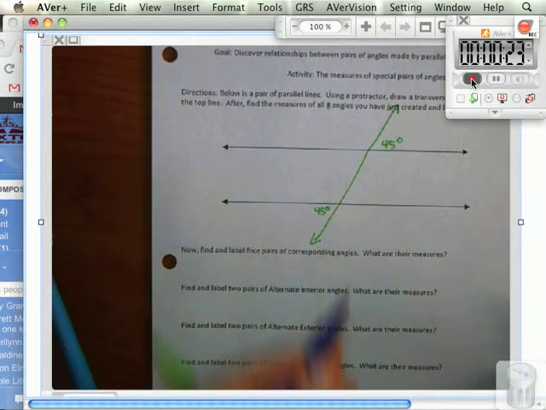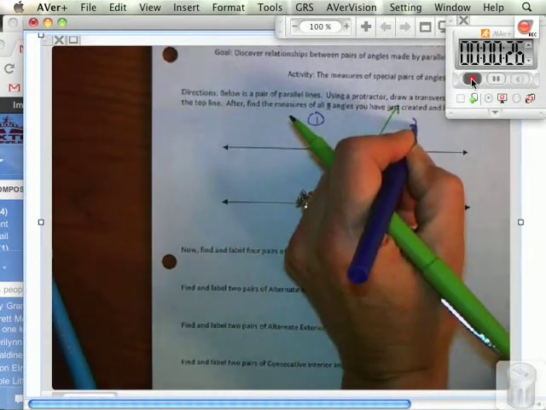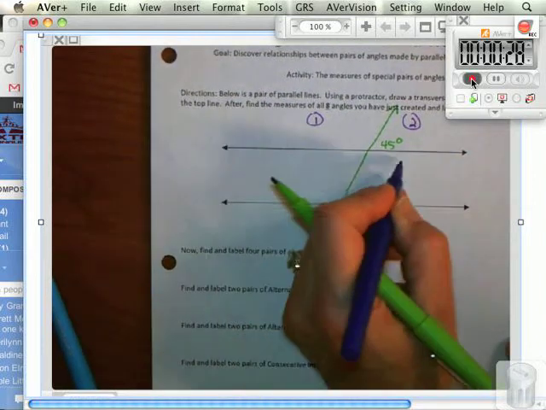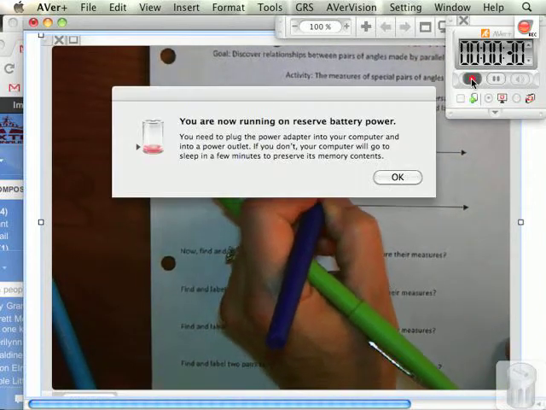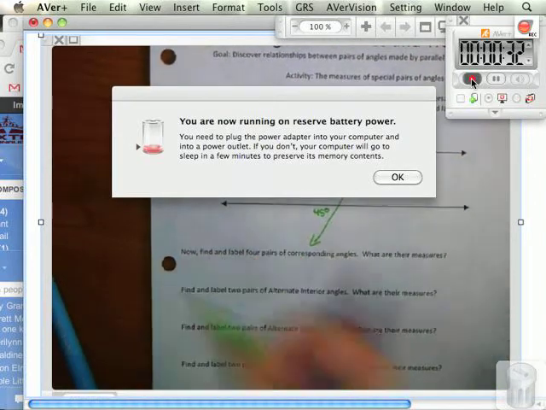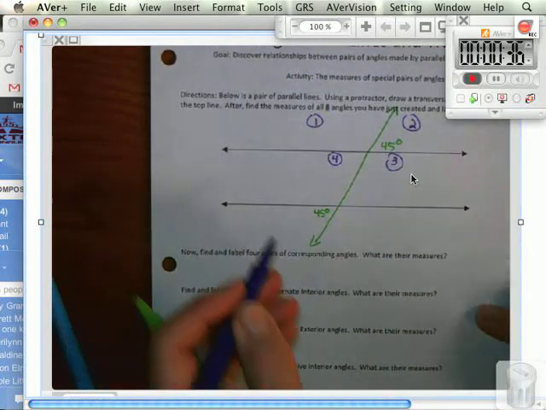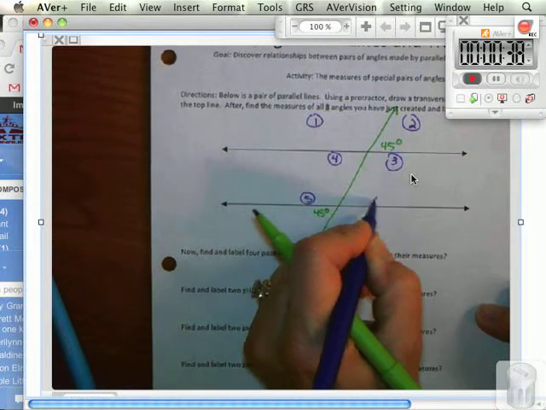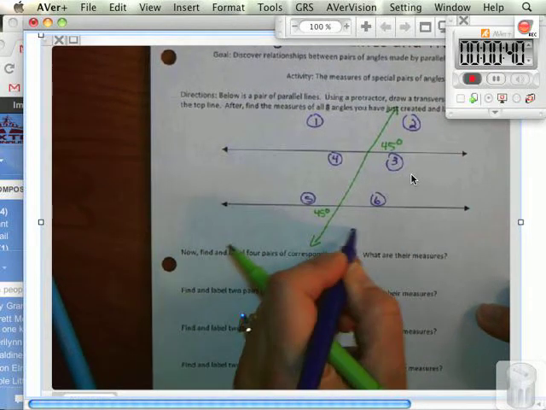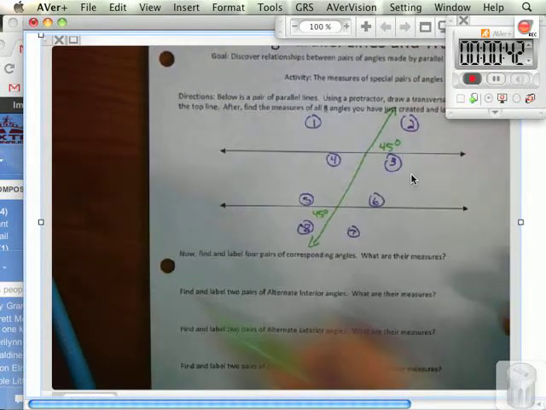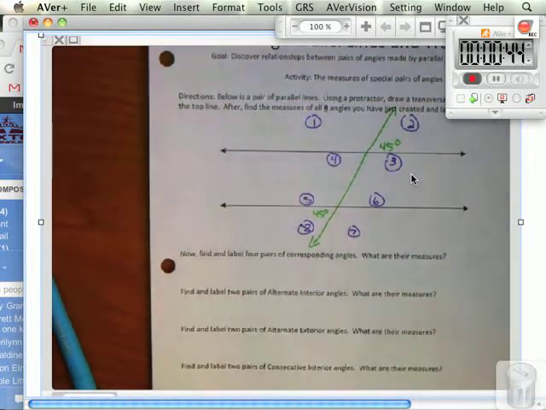I'm going to number this angle 1, 2, angle 3, angle 4, 5, 6, 7, and 8. Hopefully you can see what I mean there.